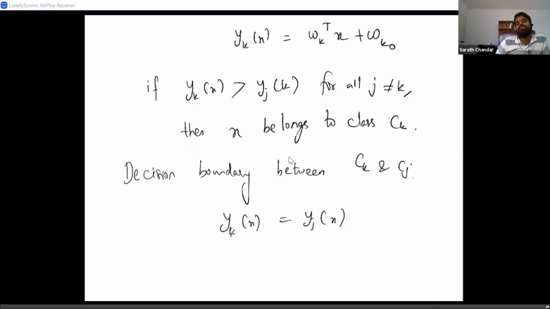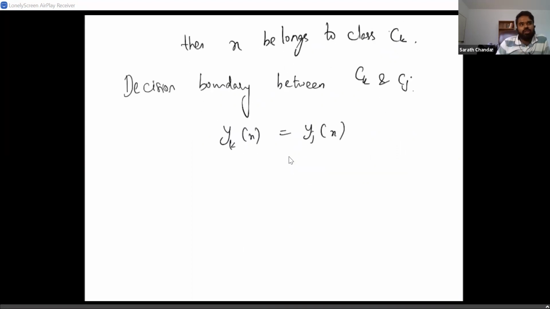Because if yk of x is greater than yj of x, then it belongs to class k, and if yj of x is greater than yk of x, it belongs to class j. The middle point, where both values are the same, is the decision boundary. Now we can expand this. yk of x is given by wk transpose x plus wk0, and yj of x is given by wj transpose x plus wj0, right?